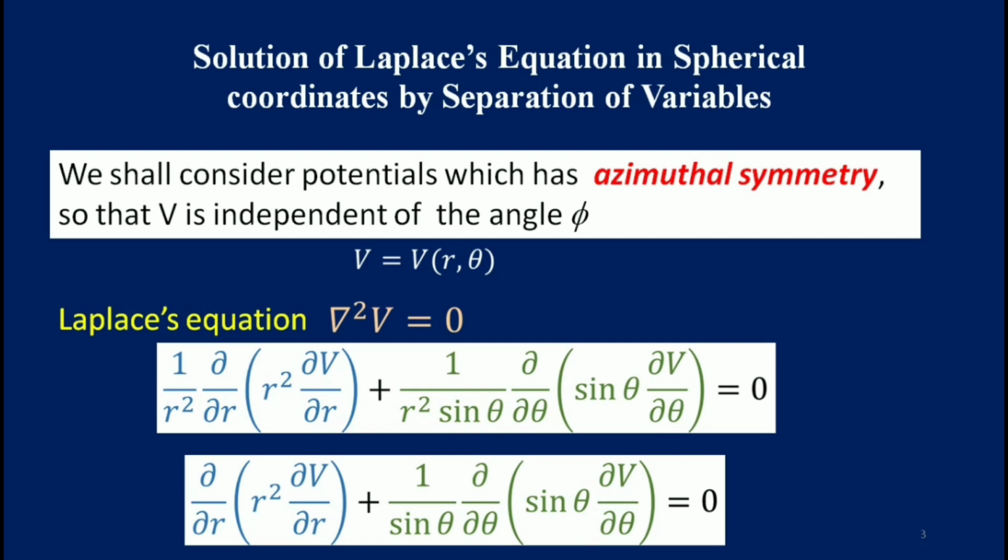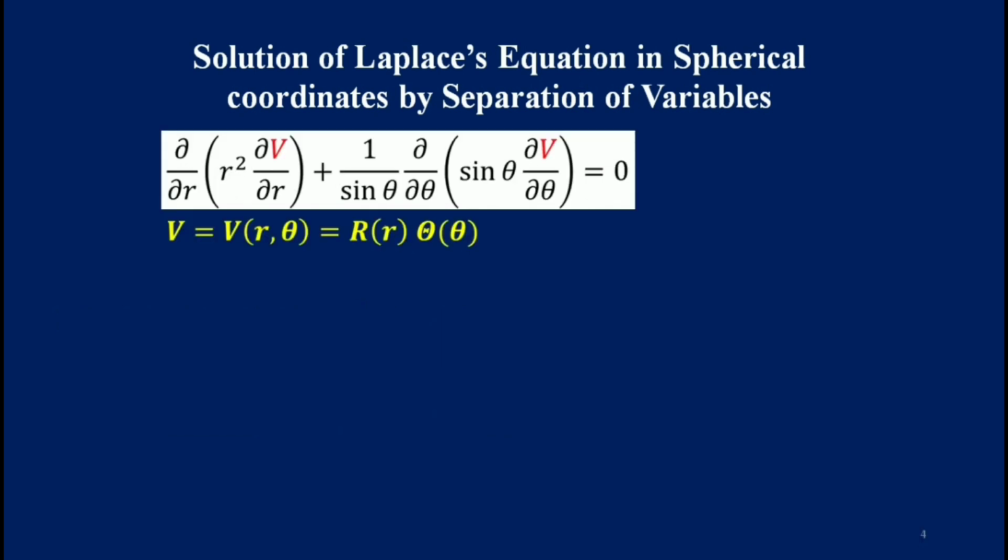Now we can write this as the partial derivative with respect to r of r squared partial V upon partial r, plus 1 upon sine theta, partial derivative with respect to theta of sine theta partial V upon partial theta, equal to 0. Here V is dependent on r and on theta.